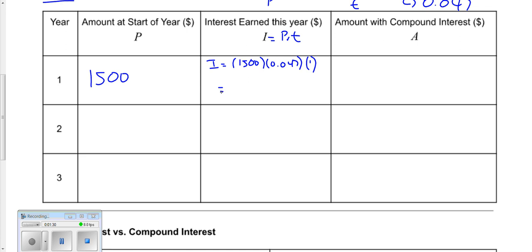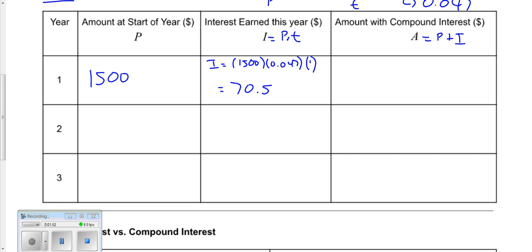So the amount of interest that you earn in 1 year on this investment is $1,500 times 0.047 times 1. That's going to give you $70.50.